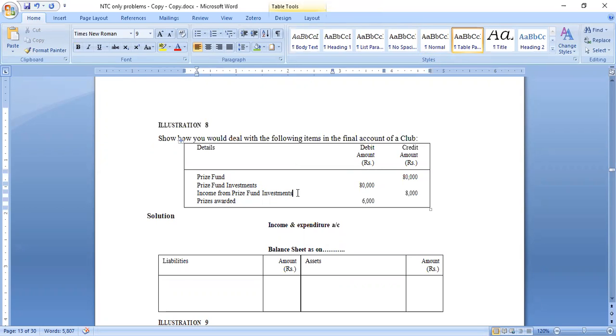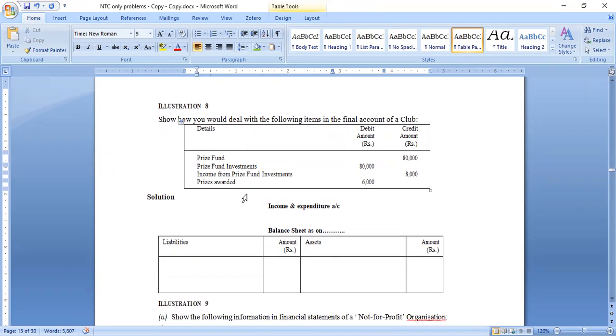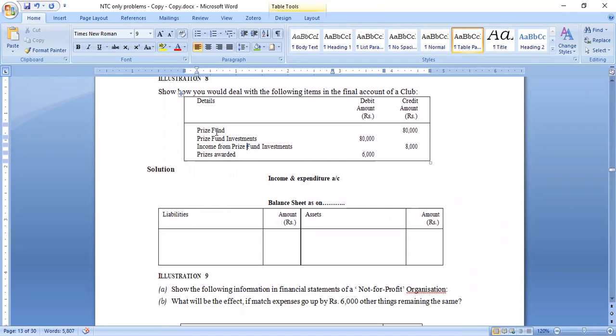This income we have to add to the prize fund, and then we have to mention it in the balance sheet, not in the income and expenditure account. So no item for this special fund belongs to the income and expenditure account.